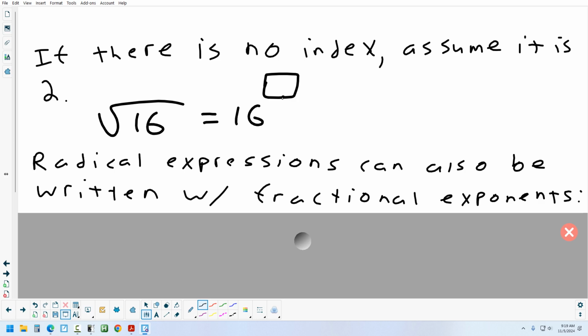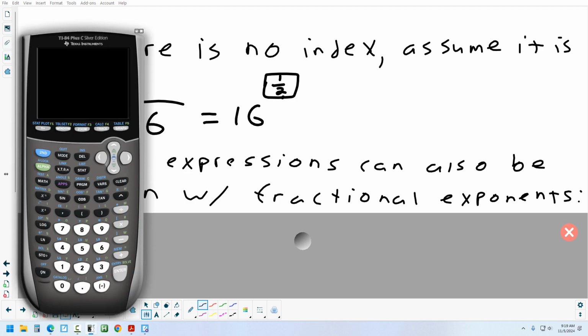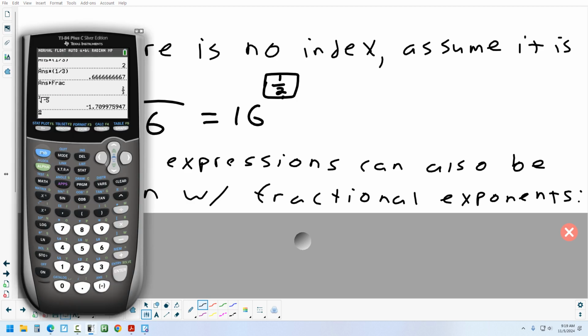And it would give me the same answer as the square root of 16. Yep. 1/2. So if you take the square root of 16, you get 4. If you take 16 to the 1/2 power, you also get 4. Yep. It's the same thing.